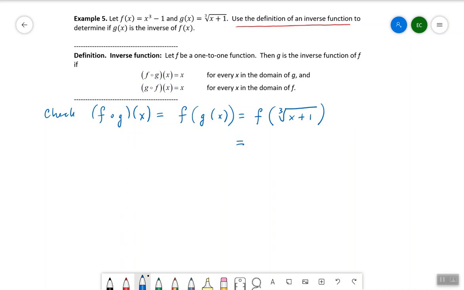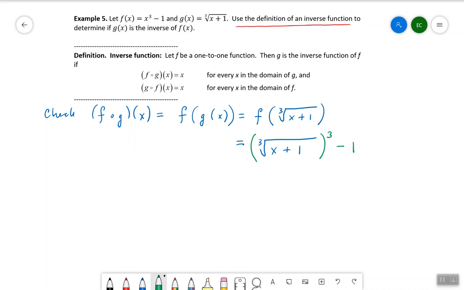So that's going to get plugged into the f function, which says take the input and cube it, and then subtract 1.